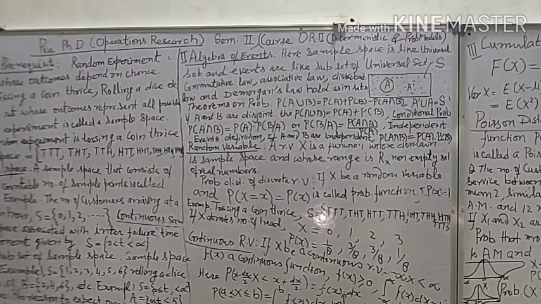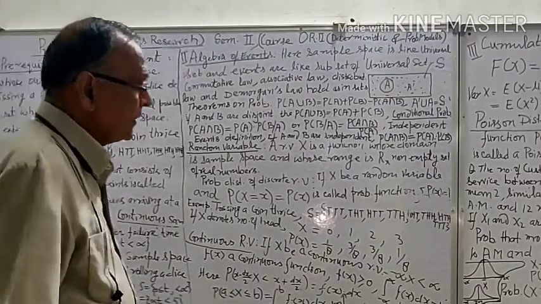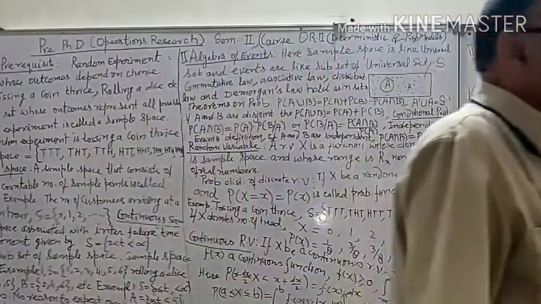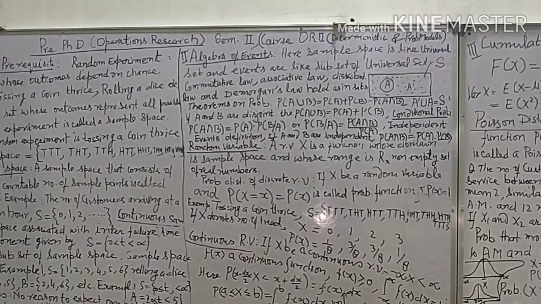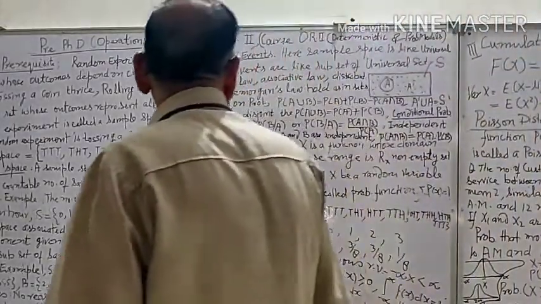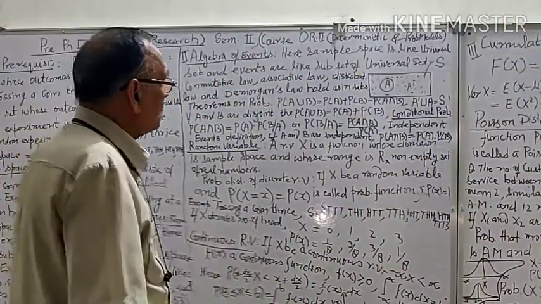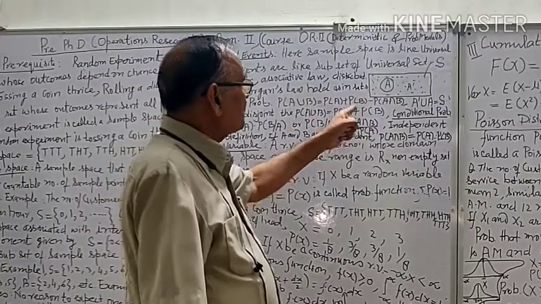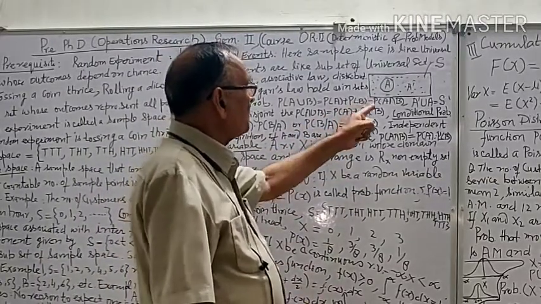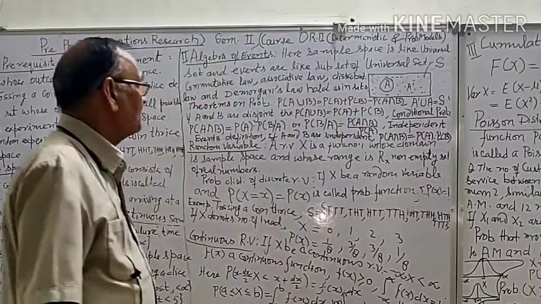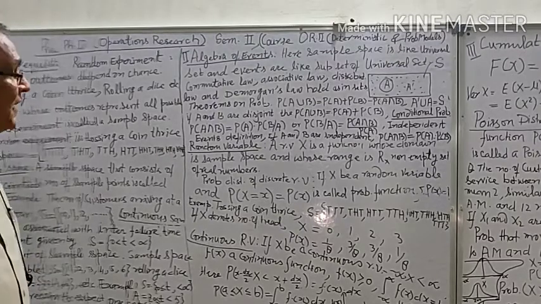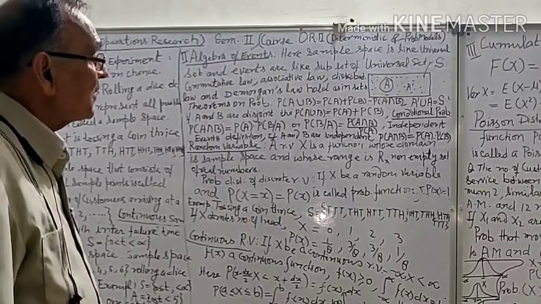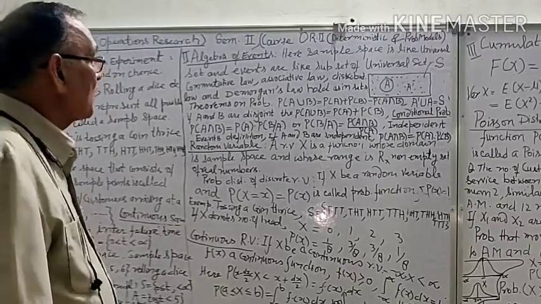One probability theorem is the probability of A union B, where A union B is the same as for two sets. The probability of A union B is equal to probability of A plus probability of B minus probability of A intersection B. But if A and B are disjoint, then A intersection B is the null event, and the probability of the empty or null event is always 0.